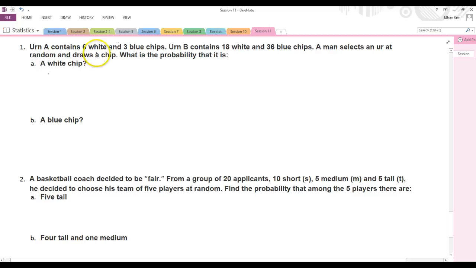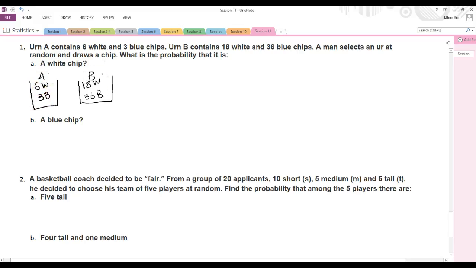Okay, so let me draw the diagram. Urn A and B, 6 white here, 3 blue here, 18 white and 36 blue here.